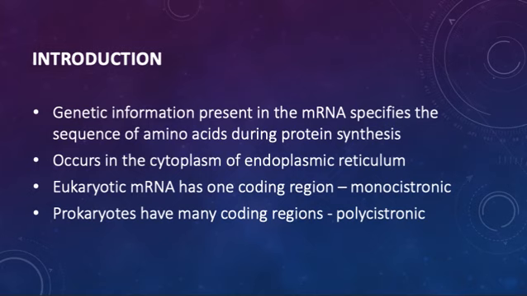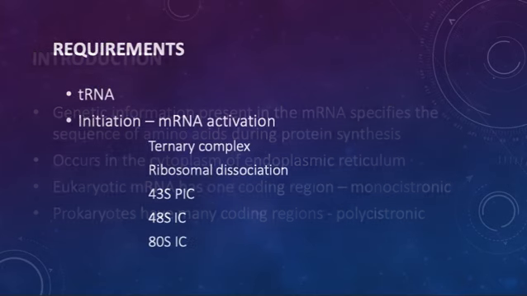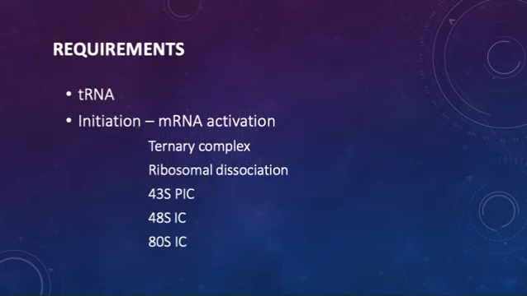So next we'll go on to the requirements for translation. As we said, the first one is the tRNA, which is the main component for translation. And then you have 3 major steps in translation, that is the initiation, the elongation, and the termination.